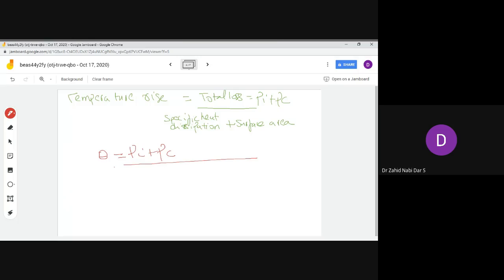So theta would be equal to Pi plus Pc divided by the total loss.